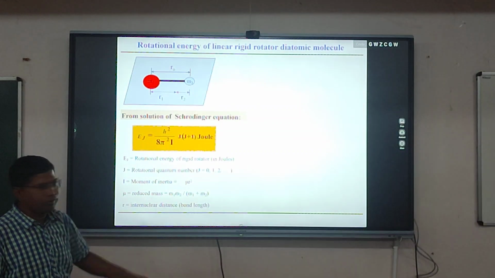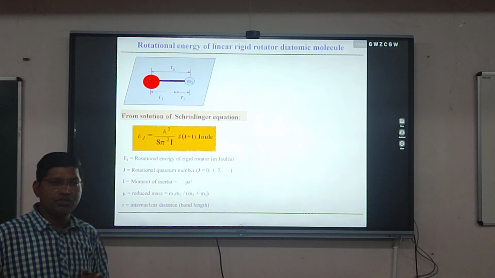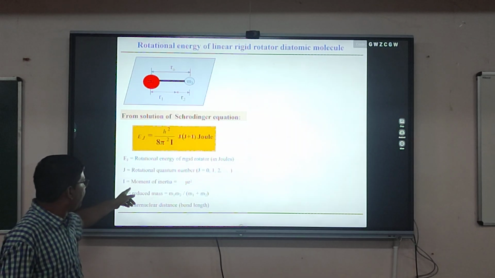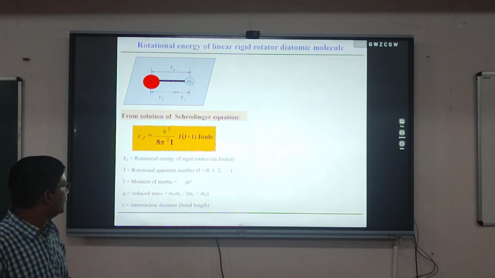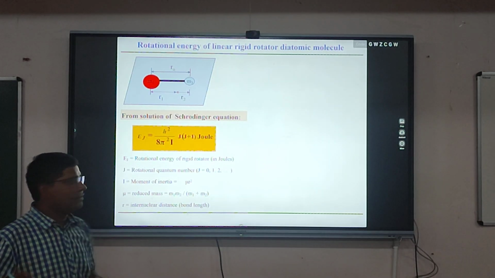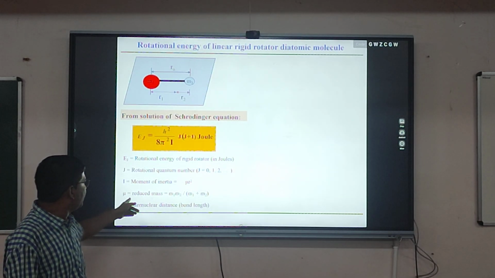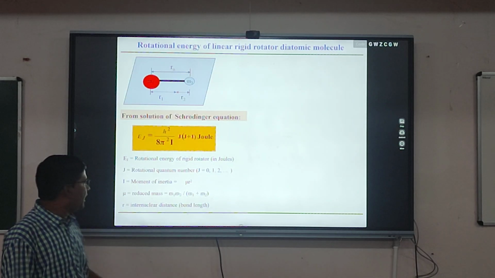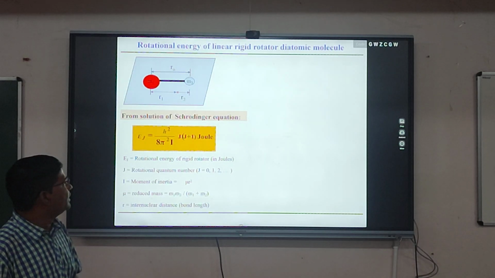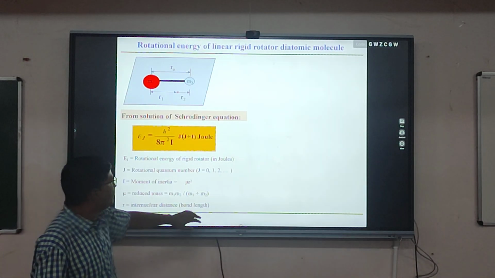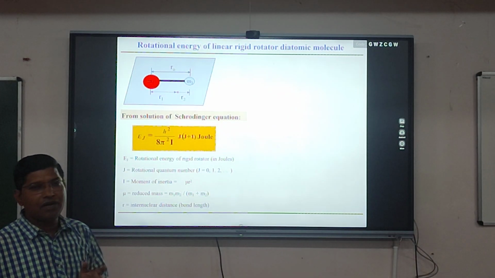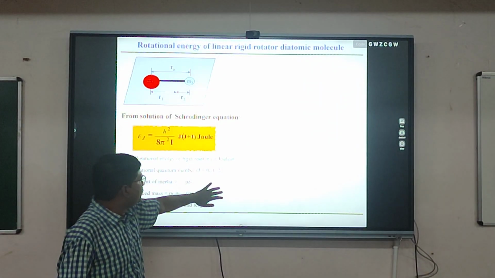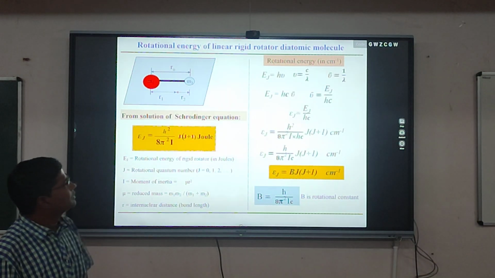J is the rotational quantum number, which may be 0, 1, 2, 3, 4, and I is the moment of inertia, which we already know is mu R squared, where mu is the reduced mass and R is the internuclear distance or bond length between the two atoms.